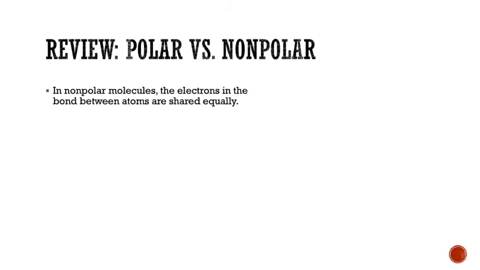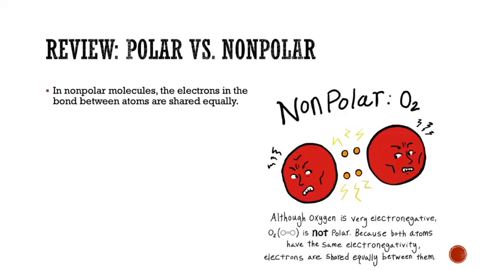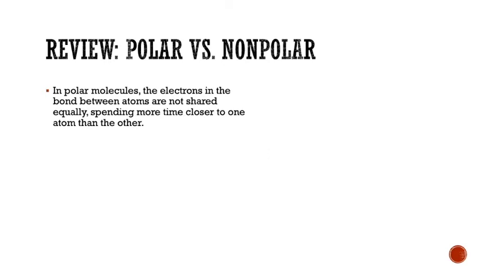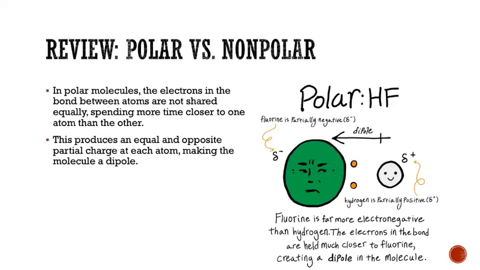Nonpolar molecules have the electrons bonded between atoms, and the electrons are shared equally. As you can see here, although oxygen is very electronegative, it is nonpolar because each oxygen atom has the same amount of attraction towards those shared electrons. But in polar molecules, there's an unequal sharing of these electrons.